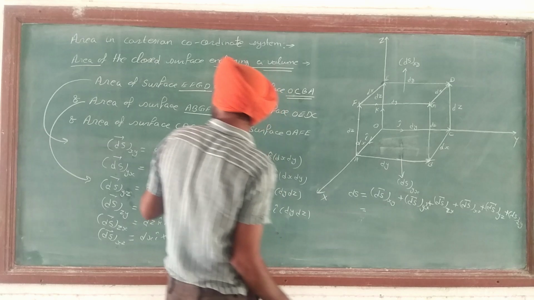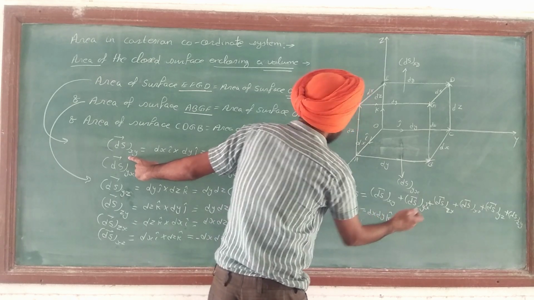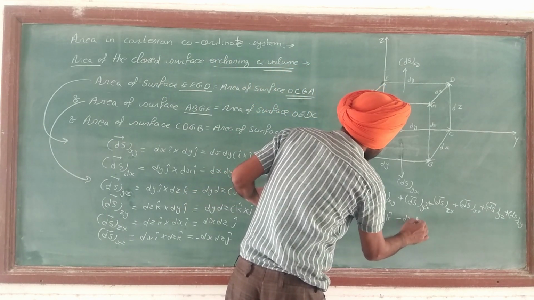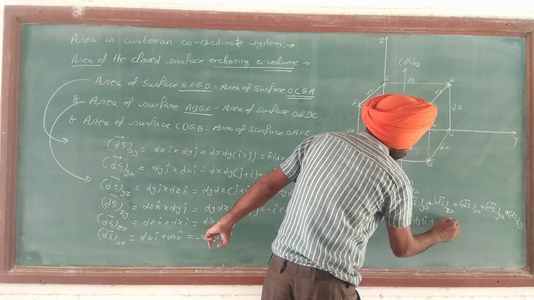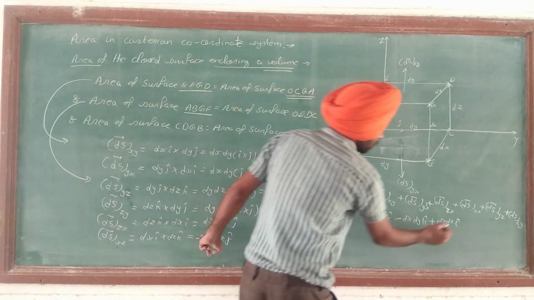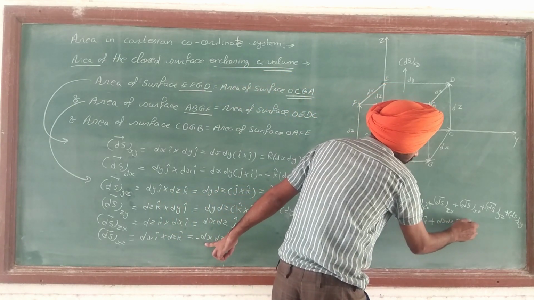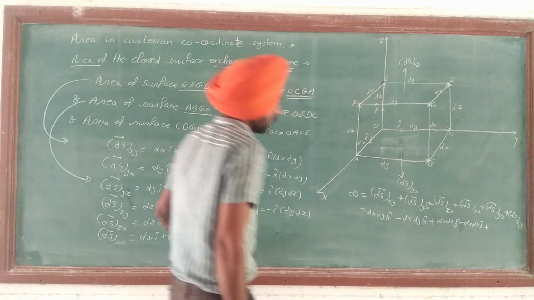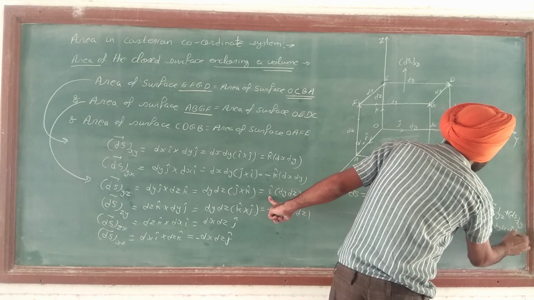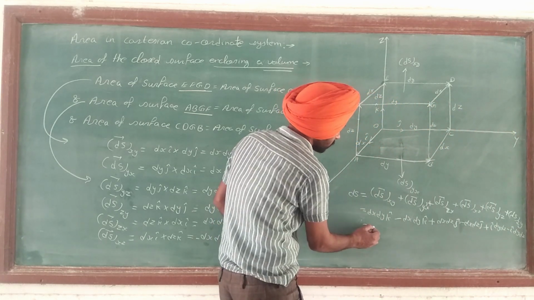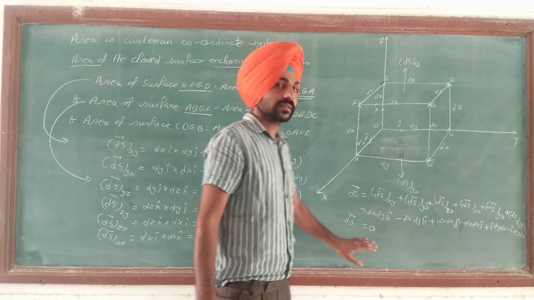So we will substitute these values. ds xy is dx dy k cap, minus dx dy k cap, plus dx dz j cap, plus ds xz is minus dx dz j cap, plus i cap dy dz minus i cap dy dz. So finally the sum of all these is 0. So this is the area vector of the surface enclosing some volume. So this is 0.